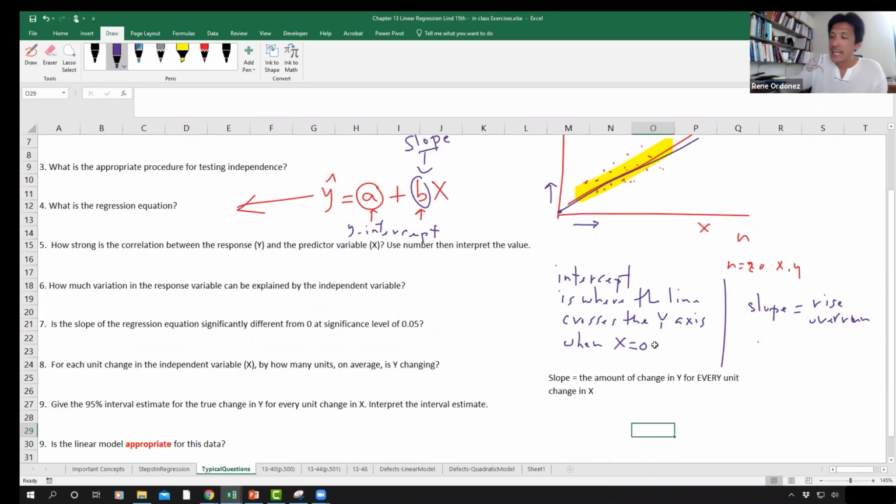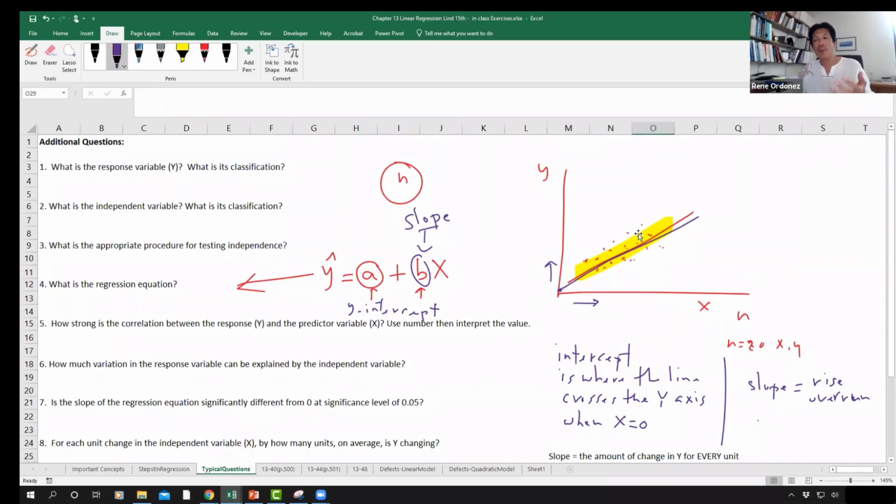Now, when we perform regression and correlation analysis, not only are we able to estimate the value of the y-intercept and the slope, but we can go beyond simply developing this model.